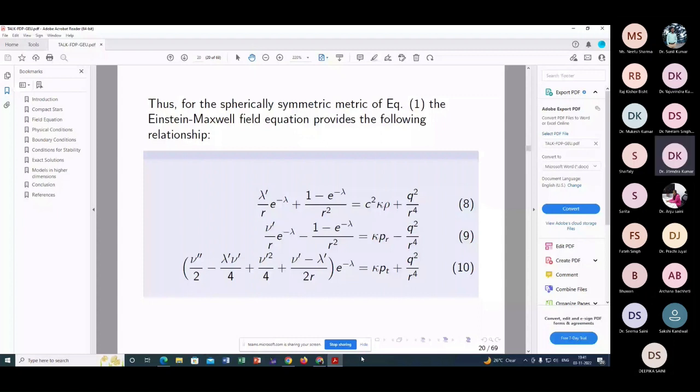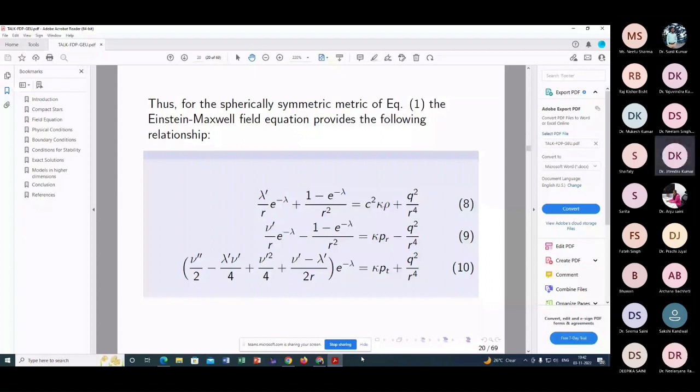But if we consider the charge or electromagnetic tensors with the material, then these equations are known as Einstein-Maxwell field equations. In these equations lambda, nu, rho, p_r, p_t, and Q are unknown quantities.